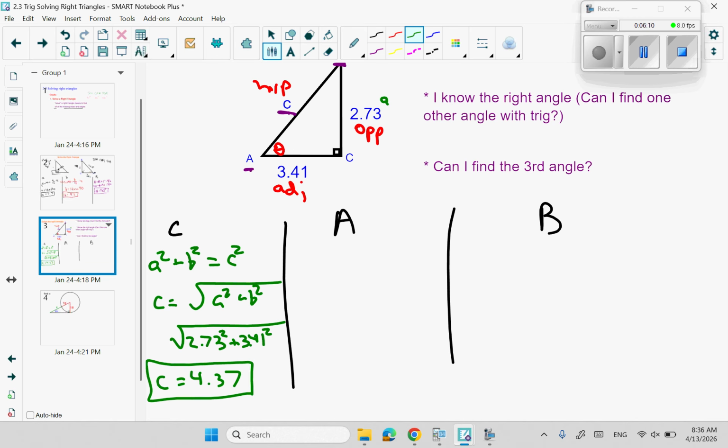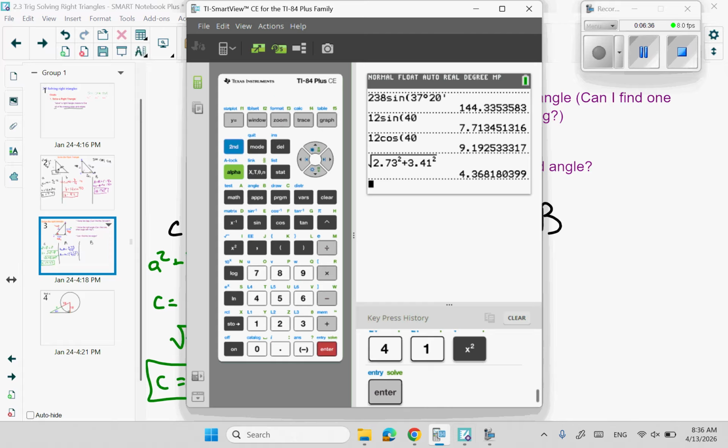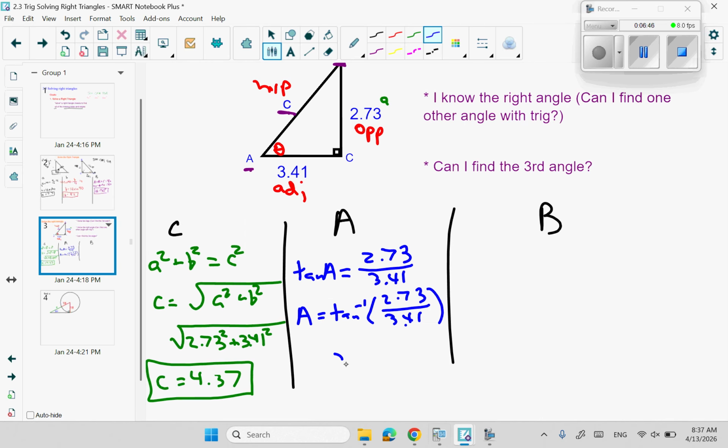Okay. Now to find A, I identified 2.73 as my opposite, 3.41 as my adjacent. So I could do tangent of A equals opposite 2.73 over my adjacent 3.41. So then A equals tangent to the -1 of that. So we get 38.7 degrees.